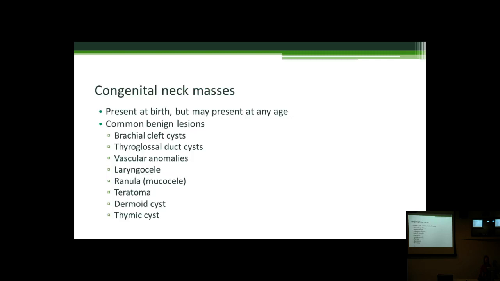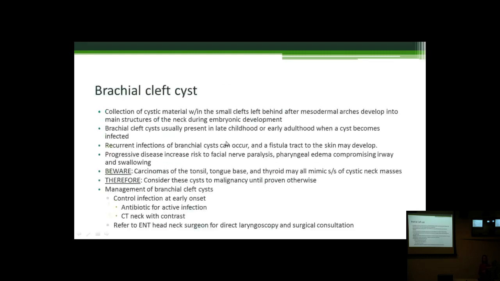You may or may not ever see any of these, but the more common ones are branchial cleft and thyroglossal cysts. So a branchial cleft cyst is a collection of cystic material that develops in the small cleft that's left behind. When we're in our embryonic developmental stages, we have these different structures that start to formalize into different structures around our neck.